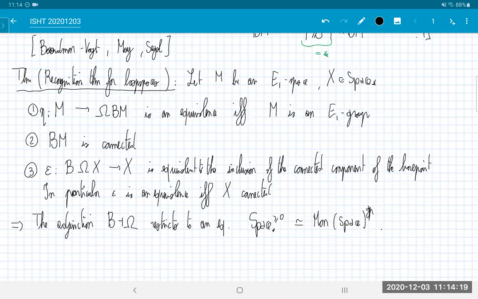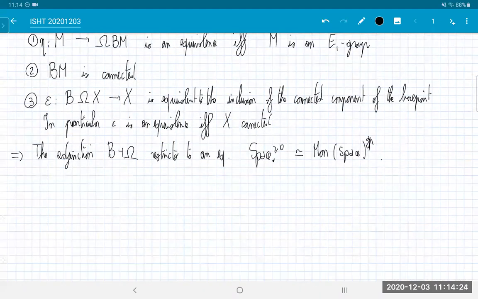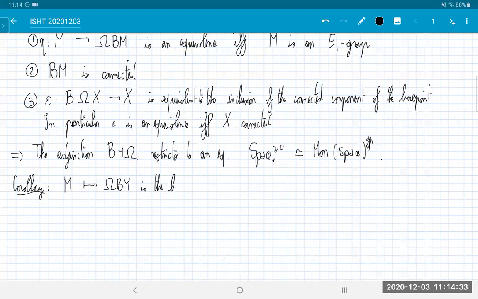No. Okay. Oh, and actually, let me put a corollary here that says that the functor sending M to ΩBM is the left adjoint to the inclusion of group-like spaces inside non-group-like spaces.